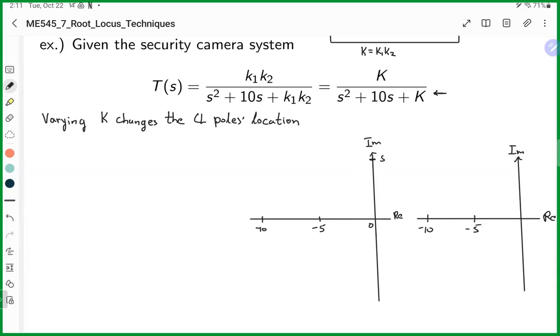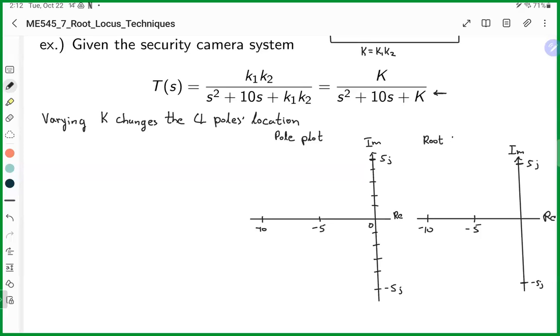You go to 5j and -5j. On the left one, we have a pole plot, and then on the right-hand side, I'm going to have a root locus plot.